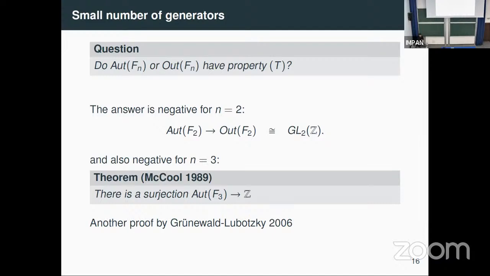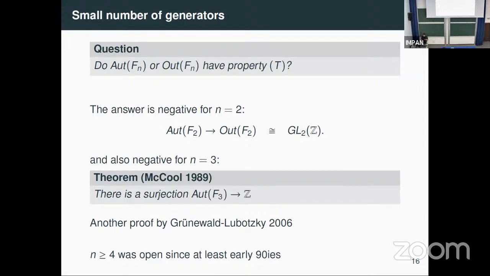And this was a theorem of McCool in a completely different setting. He was just computing homology, and he showed that the first homology of Aut(F3) is non-trivial. So it has infinite abelianization, and that implies there is no property T. Okay, so the higher cases were all open, at least since the early 90s, which is the first time I think this appeared in print.